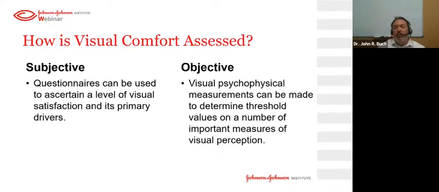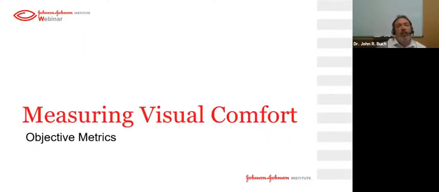Within that field, there are a lot of well-known scientific tests at our disposal. Put another way, we can measure various aspects of visual comfort by testing the threshold of various psychometric tests. So let me explain what I mean by that.